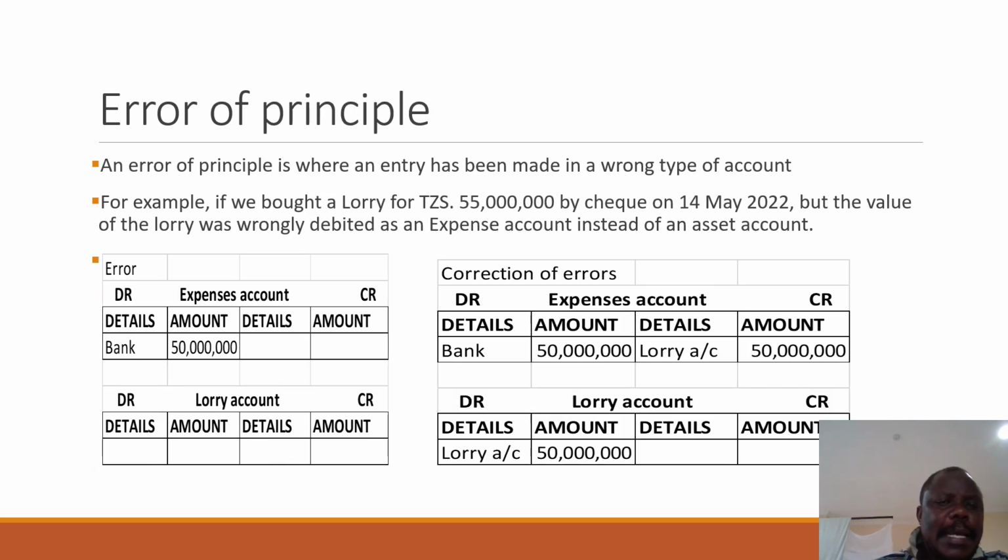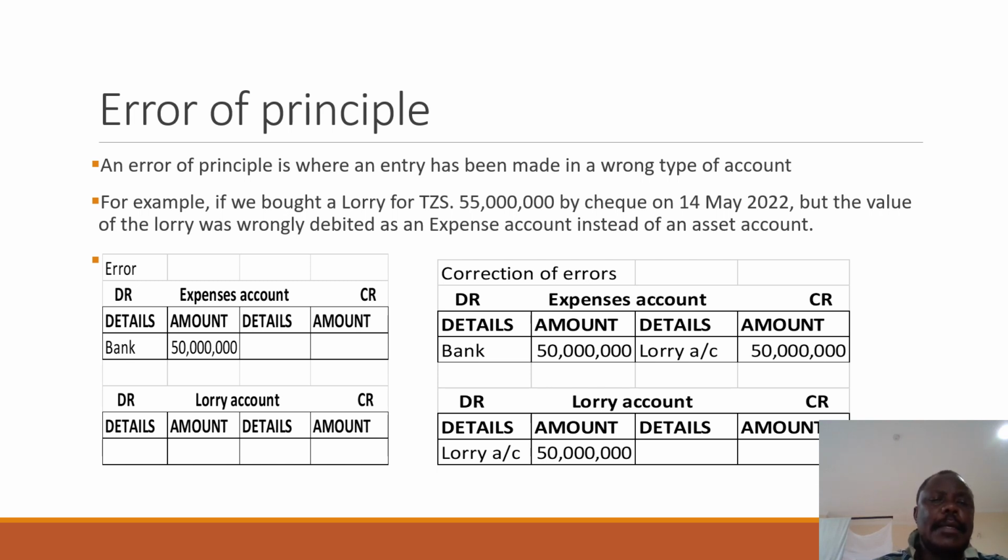The second is the error of principle. This is where an entry has been made in a wrong type of account, a wrong account class. For example, if we bought a lorry, a vehicle, for 55 million by cheque, but the value of the lorry was wrongly debited in the expenses account.